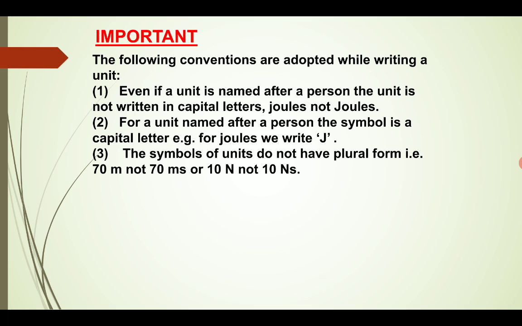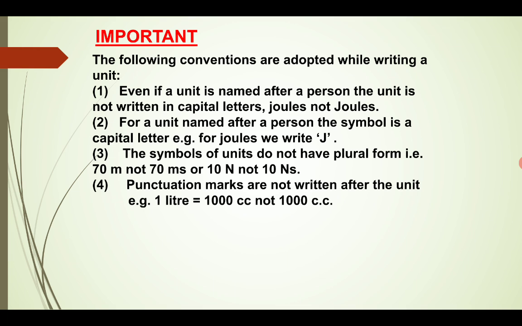In that case, m/s is meter per second, not meters. Or 10 newton, not 10 newtons. If we consider it as newtons, in that case N·s would be the unit for some other physical quantity.